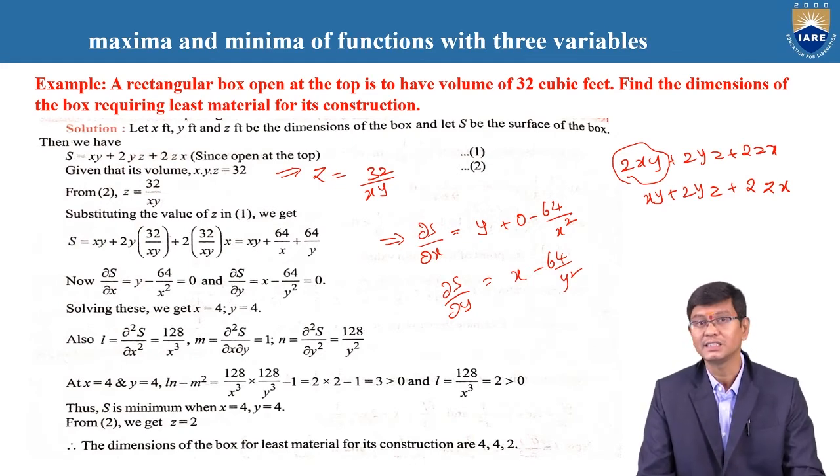By solving these equations, we clearly obtain that the stationary point is x comma y equal to 4 comma 4 only.